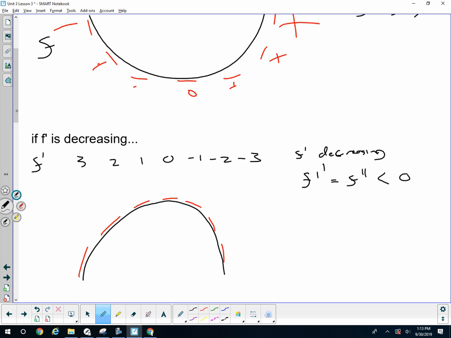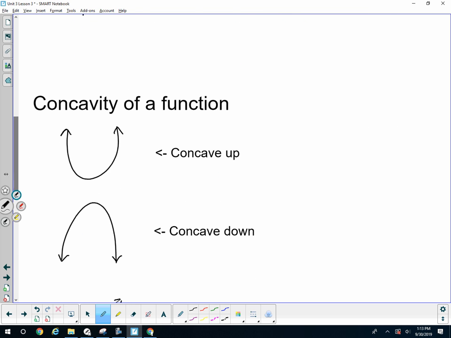Because this graph up here is the graph of something that we call concave up, similar to the graph of like x squared. This function is concave down. If a function is concave up, this is f and this is f prime, its derivative is increasing from negatives to less negatives, negatives to zeros to positives, positives to more positives.